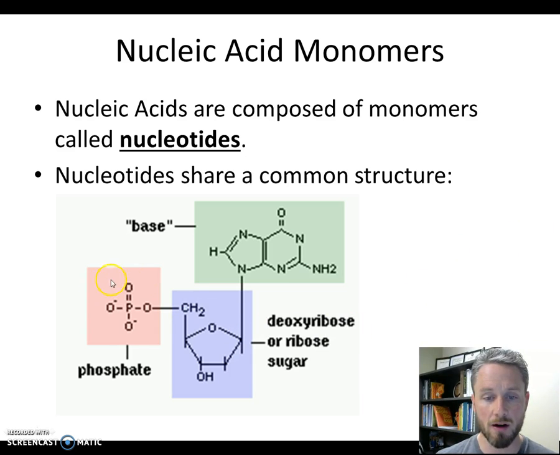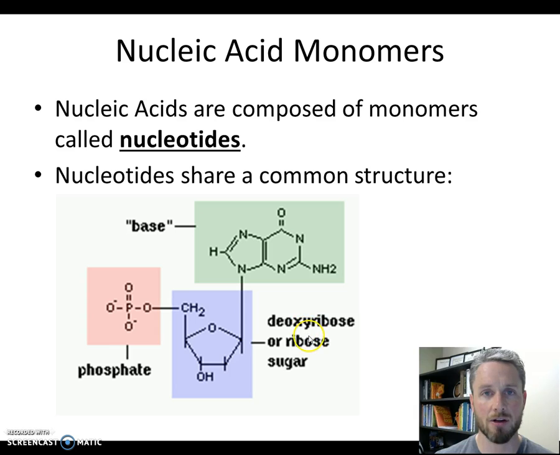So the first part that all nucleotides have is this phosphate group. When we talk about the replication and manufacturing of DNA and RNA later in the course, we'll see how important that phosphate group is. Okay, so every nucleotide has a phosphate group. Then in the middle, there's this sugar. There's a ring structure. There's one sugar in here, and it's either a deoxyribose sugar or a ribose sugar.